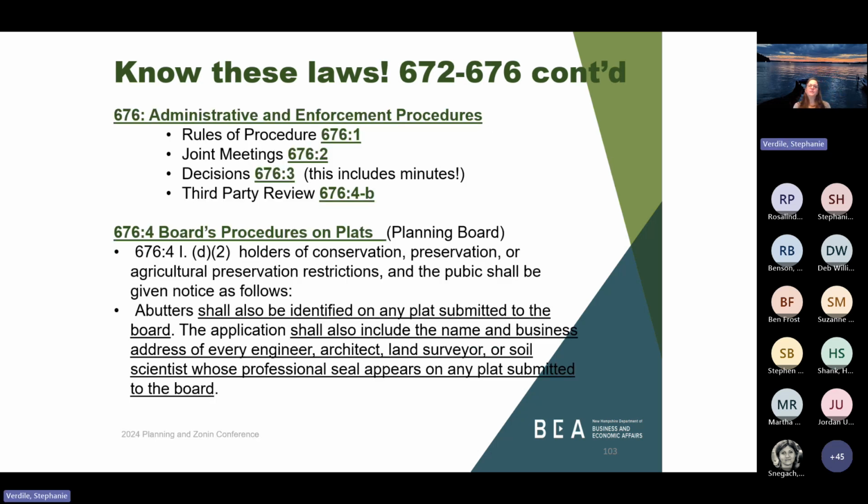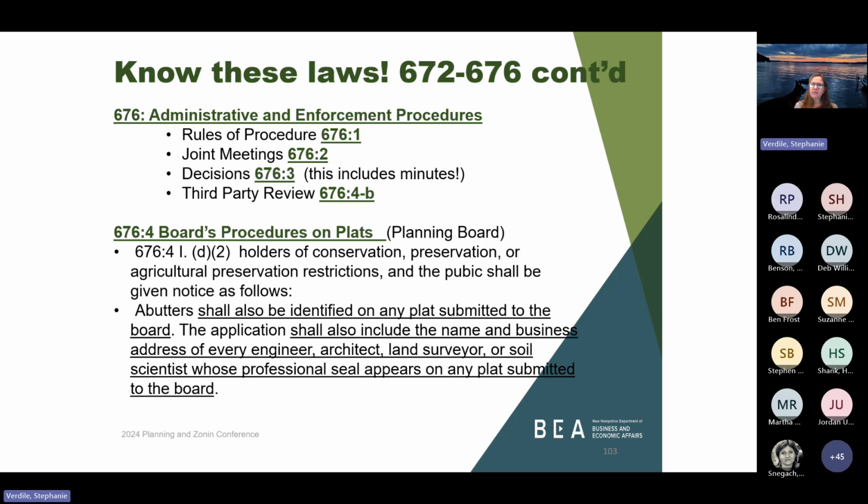Administrative and enforcement procedures. Again, this is where you can find your rules of procedure, what needs to be included in them, where they should be stored, and what happens after you vote on them. Also, 676 allows the board to have joint meetings with the ZBA. So again, staff needs to understand how those are operated, how those are noticed, and who serves as the chair.